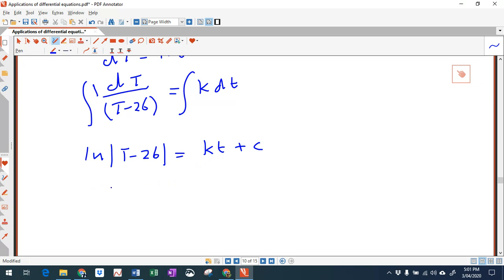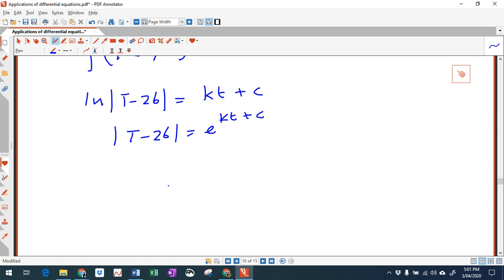I'm going to apply the exponential function to both sides here. So it's just going to give me the absolute value of T - 26 is equal to e to the kt + c. That gives me the absolute value of T - 26 equals e to the c times e to the kt.